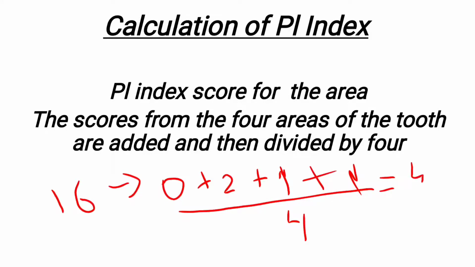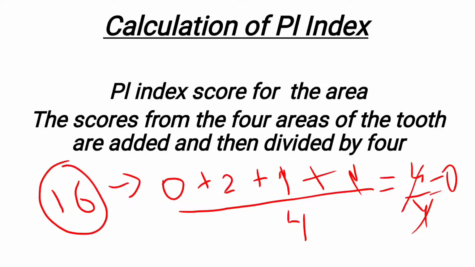Okay, which means 0. What it comes out is the score of the area of a particular tooth. Okay, means 0 is the score of an area of 1/6. Get it, means 1/6 has 0 score.